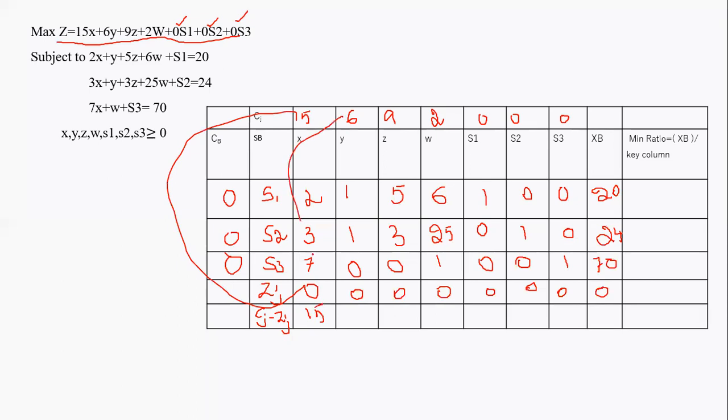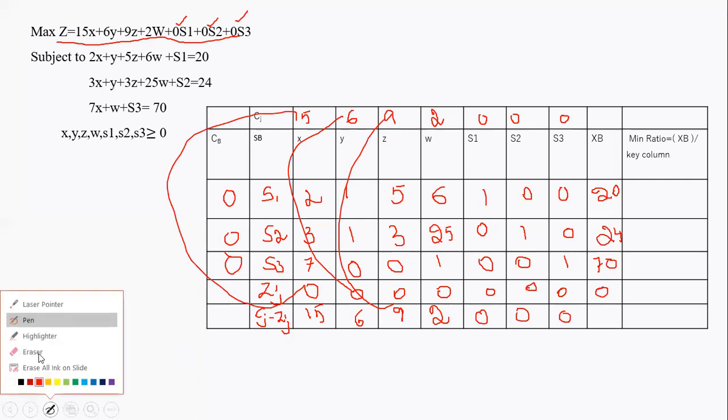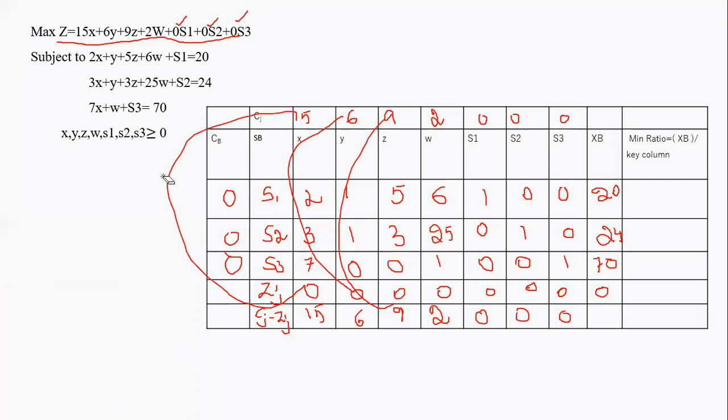Next it is 6 minus 0, therefore 6. Then 9 minus 0, therefore 9. Similarly, 2 minus 0, then 0 minus 0, 0 minus 0, 0 minus 0. So this is how we find Cj minus Zj values.